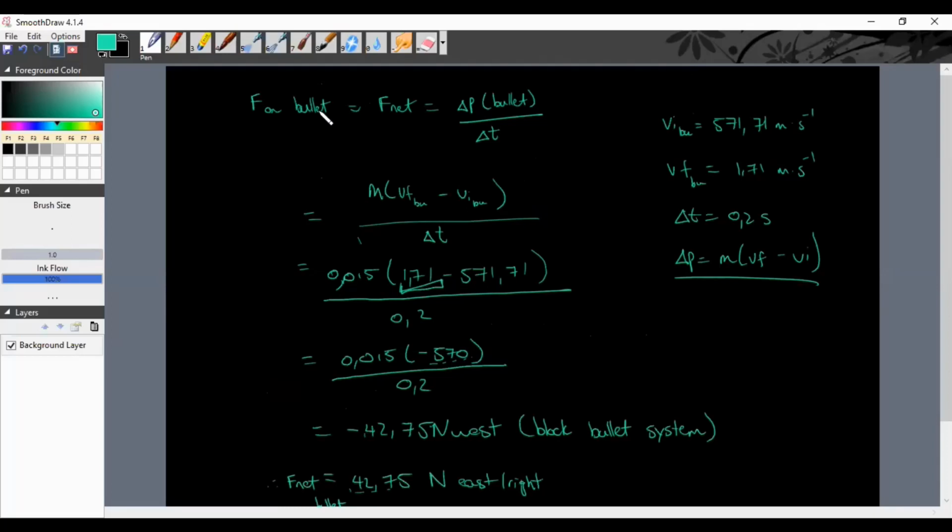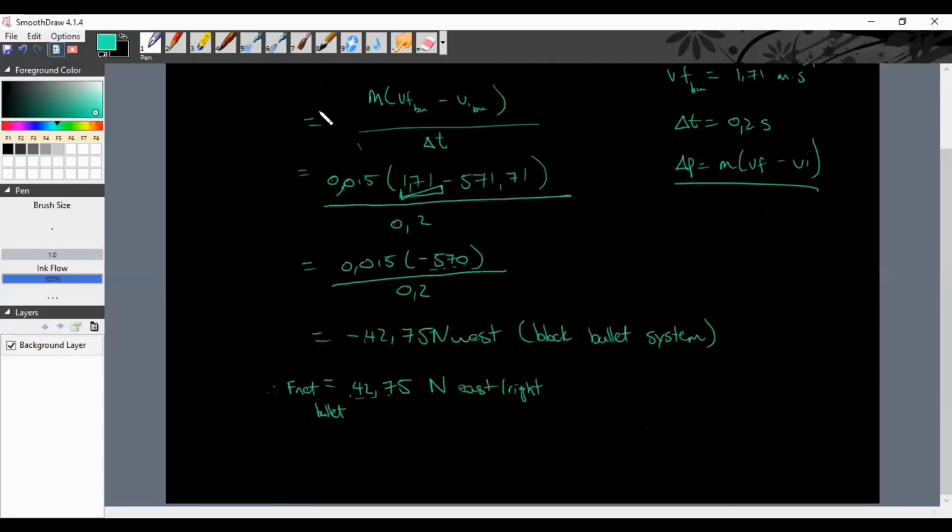We're not looking for anything else. The net force of the system would be negative 42.75. But the force of the bullet on the block is 42.75 newtons east, or to the right.